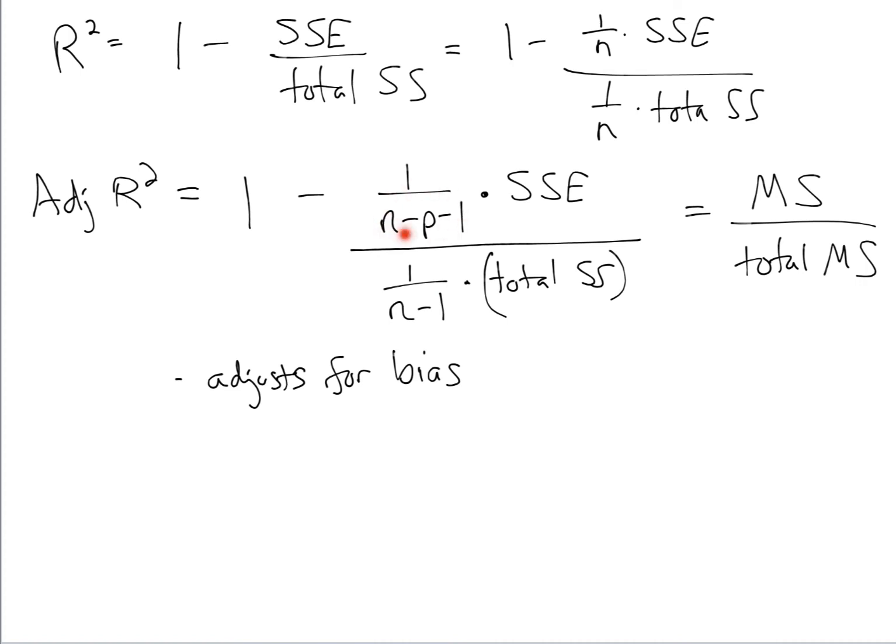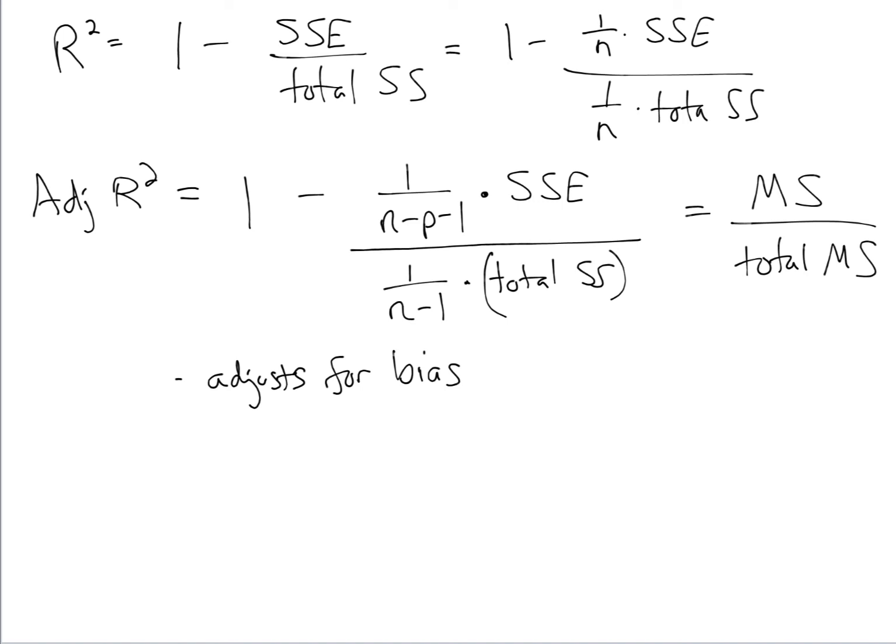And so 1 over n minus p minus 1 is typically not that much different than 1 over n minus 1. But you will get a slight difference. And the idea is that you do this as an adjustment for bias. And so this gives us another way, with the bias adjustment, to measure the quality of our regression.